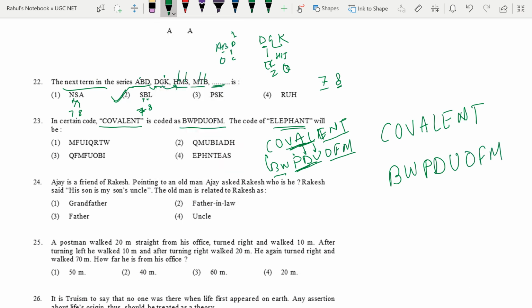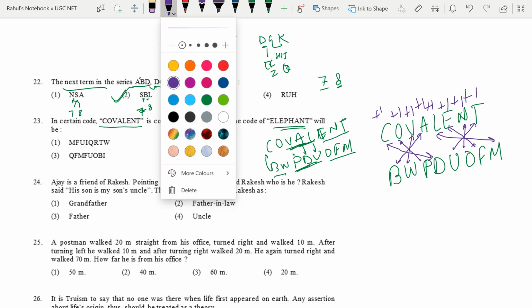If you observe here, C is increased by 1 to D, A is increased by 1. Similarly, O increased by 1 gives P, and V increased by 1 gives W. So you can observe the structure. Similarly, the next four letters: L plus 1 is M, T plus 1 is U, N plus 1 is O, and E plus 1 is F.